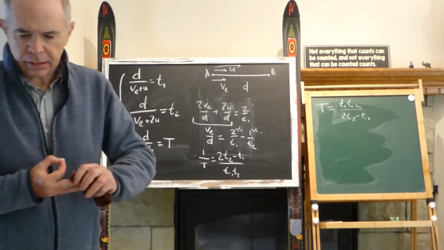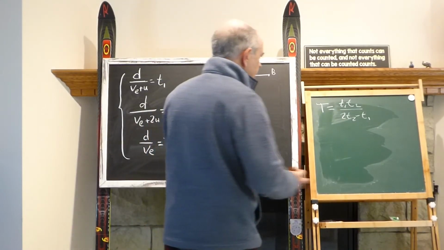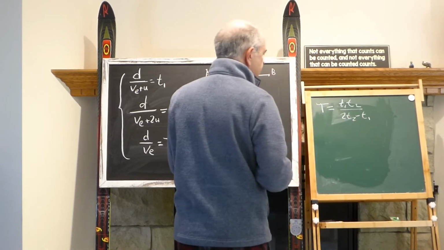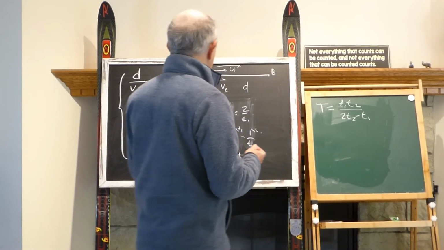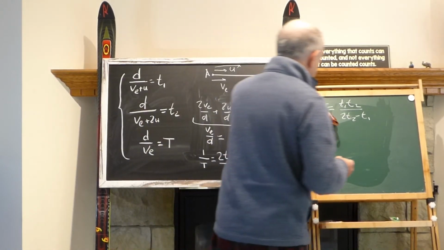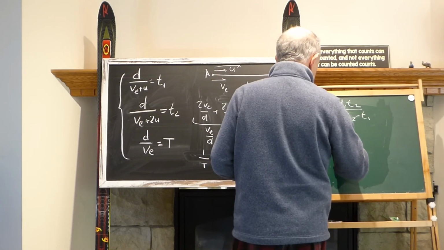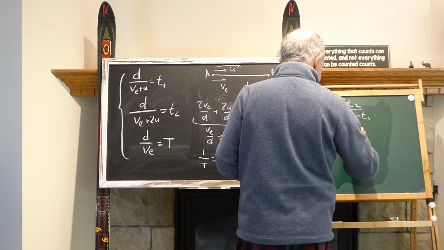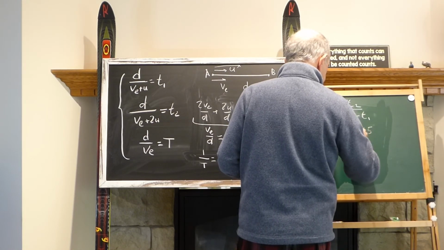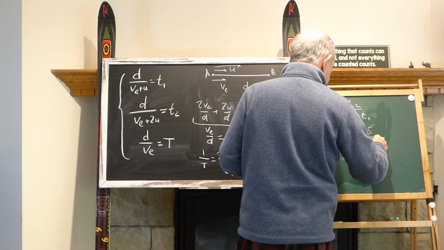And all I have to do is to put the numbers. And recall that T1 is 1 minute and T2 is 45 seconds. So let's do everything in seconds, for example. If I put T1 as 60 seconds, multiplied by 45 seconds, divided by 2 multiplied by 45 minus 60.